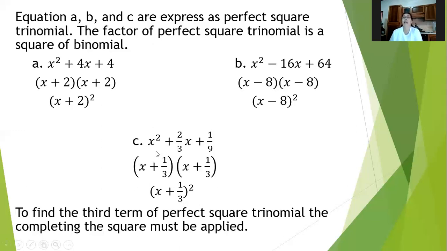And this one, x squared plus 2 over 3x, and the unknown is 1 over 9. To find the third term of a perfect square trinomial, we have to apply the process of completing the square.